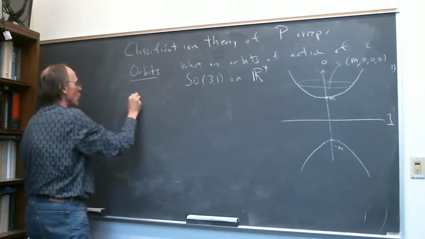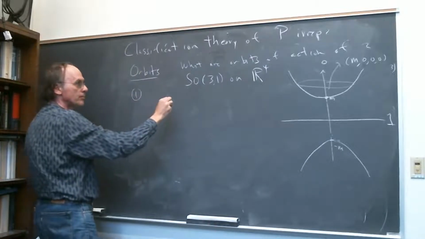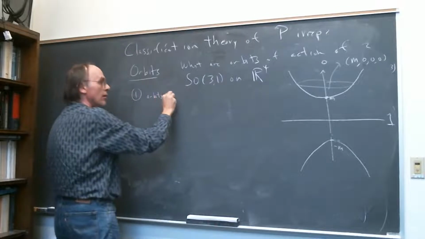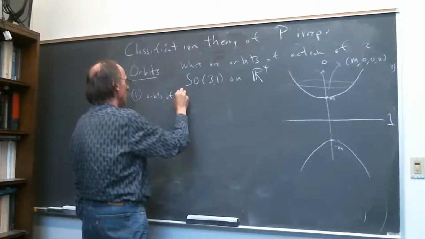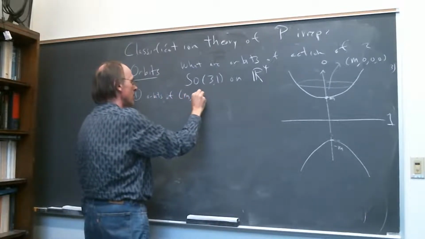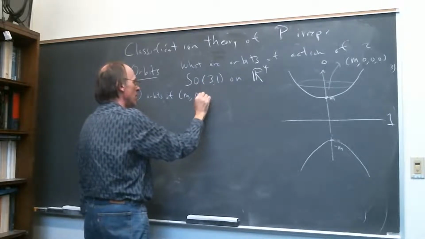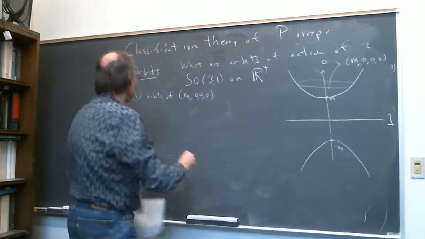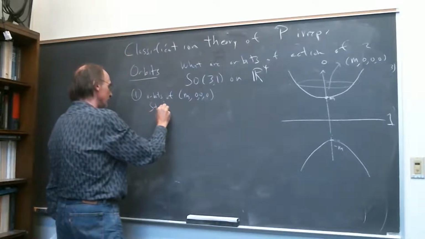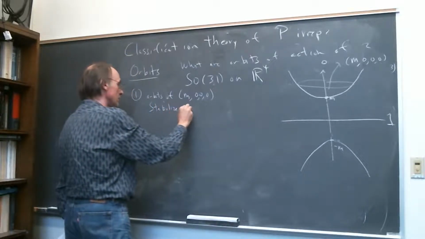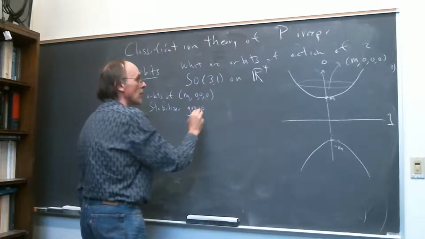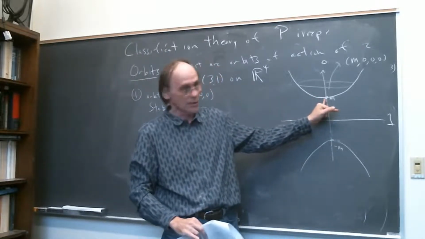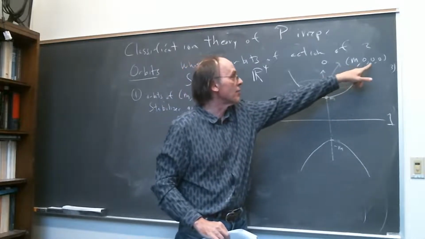So one kind of orbit is M, 0, 0, 0. These guys, and then the stabilizer group. The stabilizer group is exactly the group of things which leave this alone and don't change it.